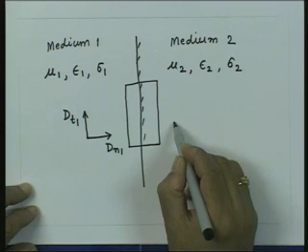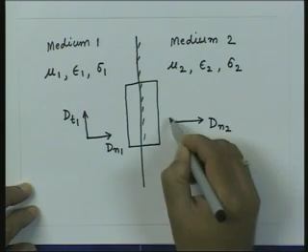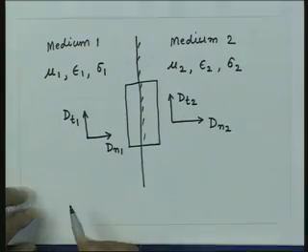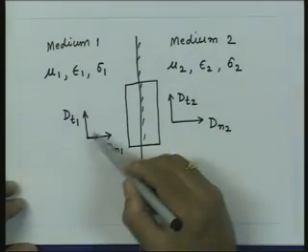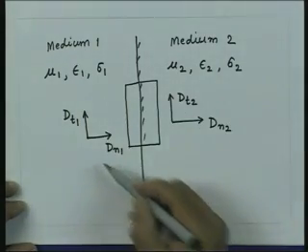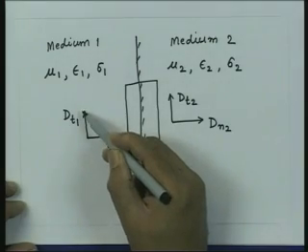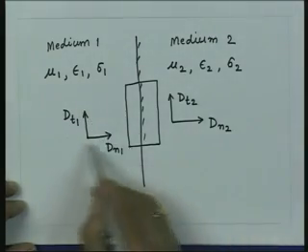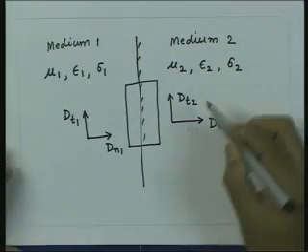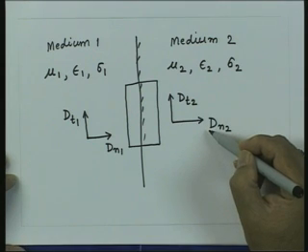Similarly here, the component D_N2, and this is D_t2. So any general displacement vector in medium 1 close to the interface, I can resolve into two components: a tangential component and a normal component, normal to the interface and tangential to the interface. Similarly, I can have the tangential and normal components of the displacement vector in medium 2.